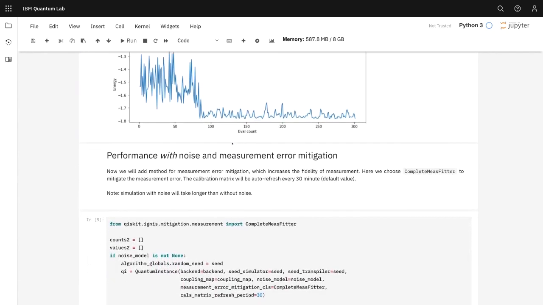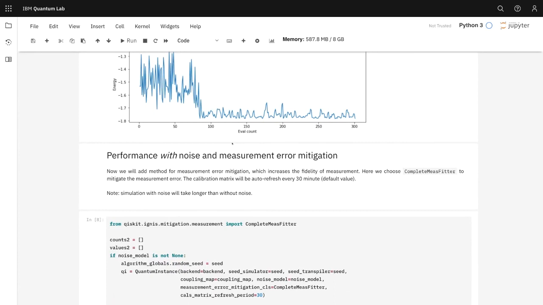And now, one of the easiest errors to mitigate is the measurement error, because it contributes a lot to the errors, on the order of 10 to the minus 2. So 1-2% is the chance that when you're supposed to read 0, you're going to read 1, or vice versa.